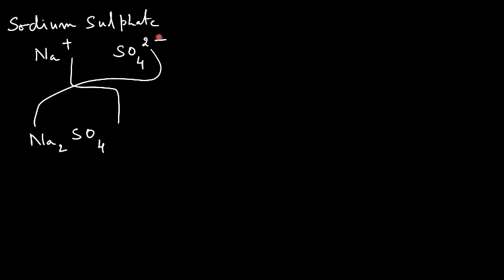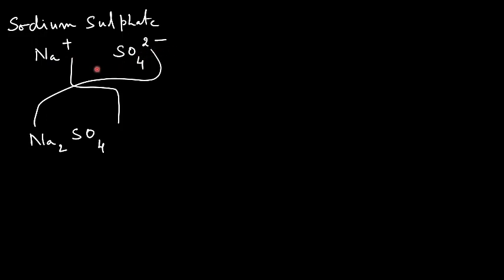Now let us see more formulae. Sodium sulfate. So what is the radical of sodium? Na plus. Radical of sulfate, SO4 2 minus. See, observe the difference. In the previous three cases, the magnitudes of the charges are the same. But here the magnitudes of charges are not the same. The sodium radical has 1 unit of positive charge. The sulfate radical has 2 units of negative charge.